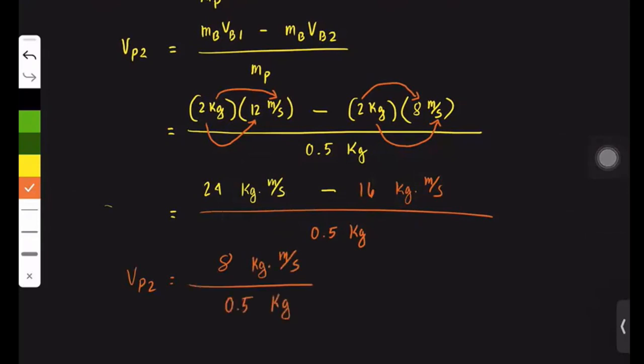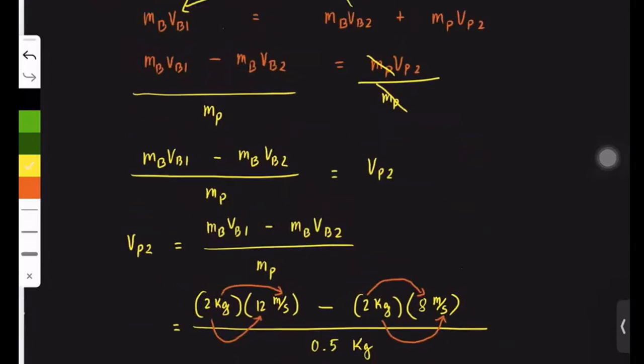You can cancel out kilogram because that would just be equal to 1. So you have 8 divided by 0.5, which gives you 16. So your VP2 is equal to 16 meters per second. Ibig sabihin, this is the velocity of the pin after the collision.